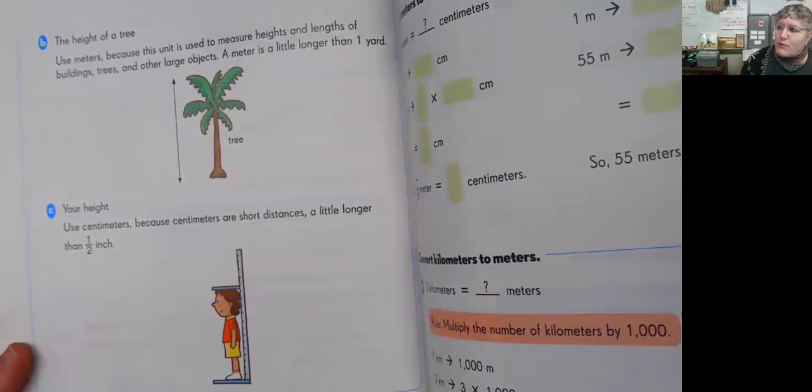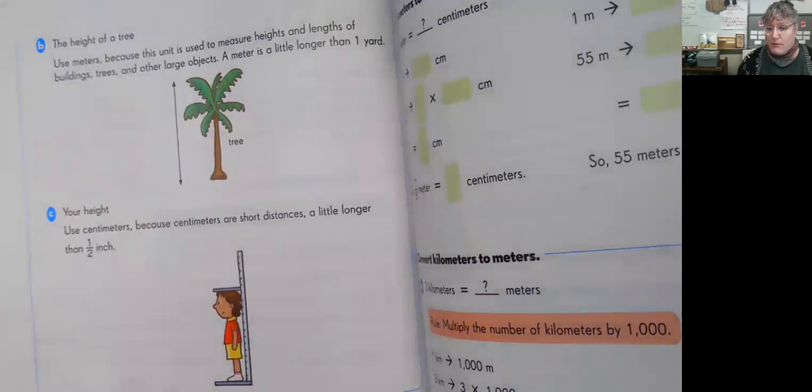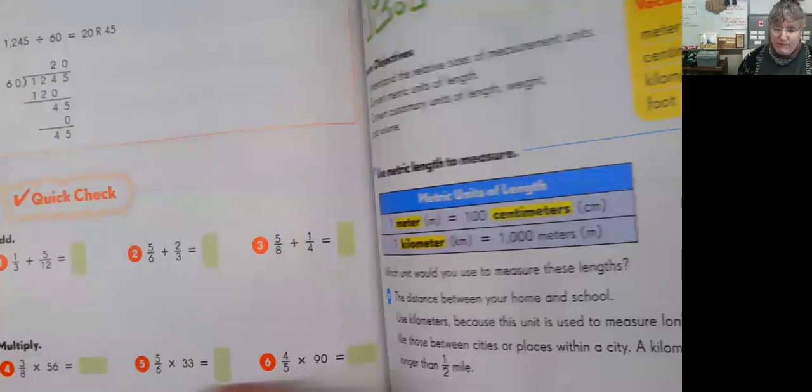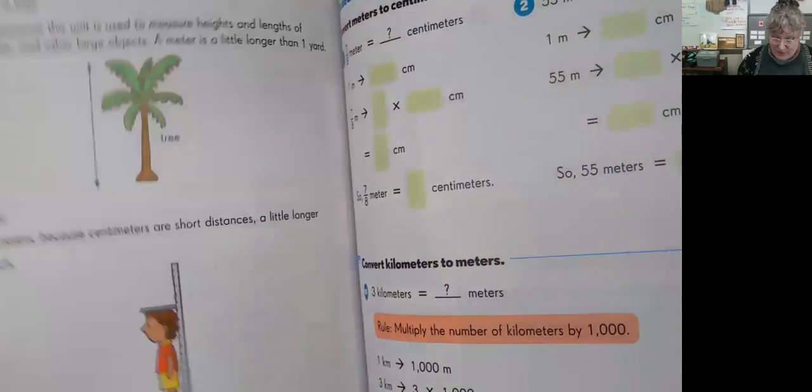To be honest, if you were measuring me, you would also probably use centimeters too, even though I'm taller than you. If we were using the measurements that we use in the United States, if you were measuring a person, you would probably use feet. If you were measuring a tree, you would probably use yards. And if you were measuring a distance from place to place, you would probably use miles.